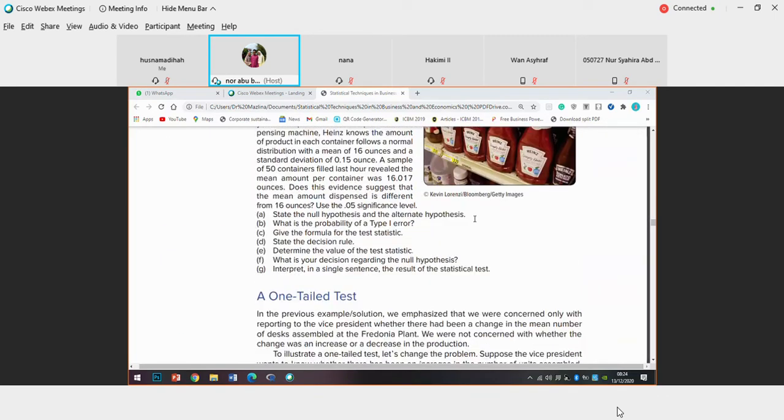Sebab benda ni saya selalu takut nak ajar p-value ni sebab biasanya student rasa tak comfortable bila saya cuba explain apa dia p-value.